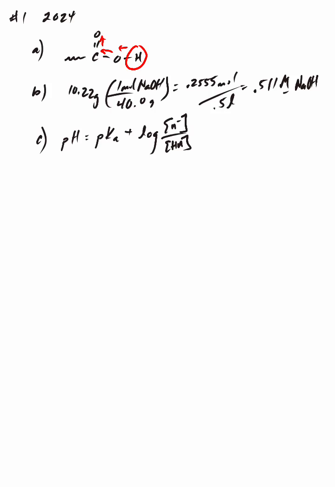The only way we get to the point where these two are equal, so that the pH is the pKa, is if we titrate half of the acid.